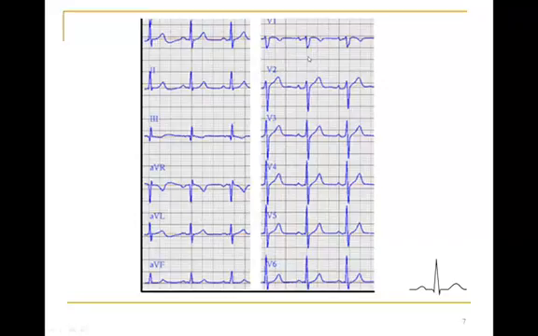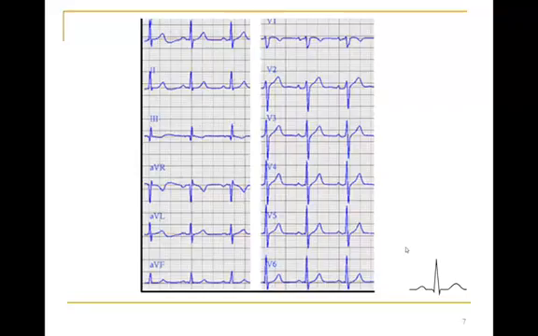If your S wave in V1 or V2 is greater than or equal to 30 millimeters, or 3 millivolts, that's high voltage. An R wave in V5 or V6 greater than or equal to 30 millimeters or 3 millivolts is also considered high voltage. So the chest leads are always going to be higher voltage.